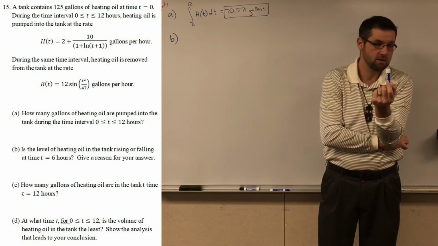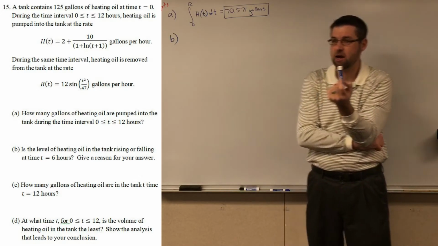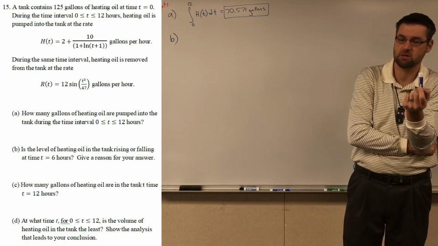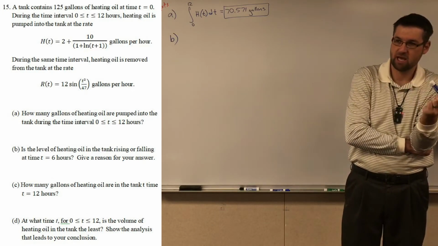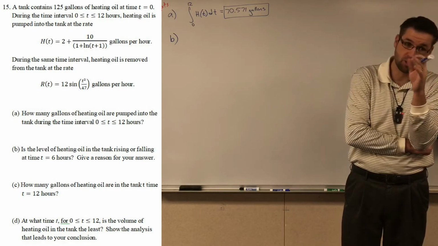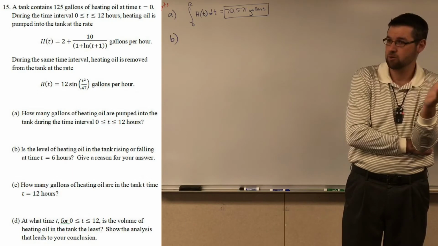What's another way of saying that? Is the amount increasing or decreasing? How do you find out if the amount of oil is increasing or decreasing? When its rate is positive or negative. But are we talking about strictly the rate in or the rate out? It's a combination of both, right?